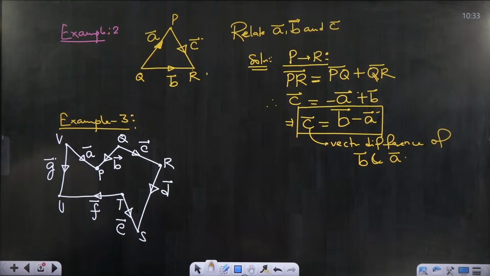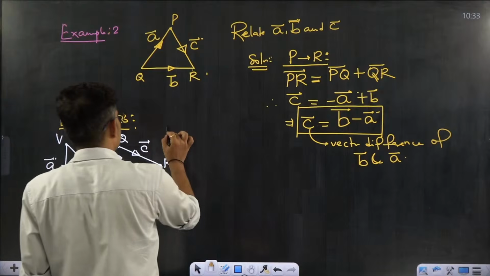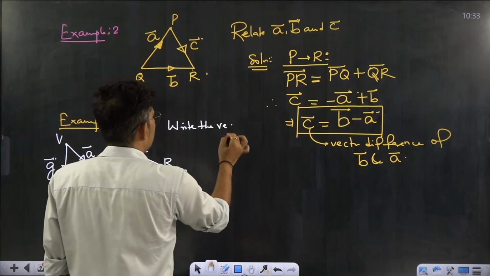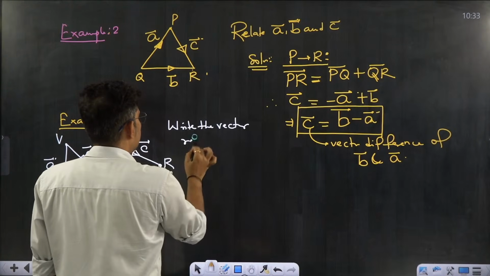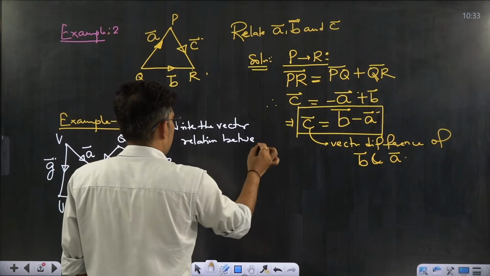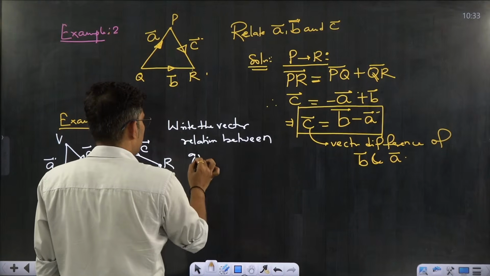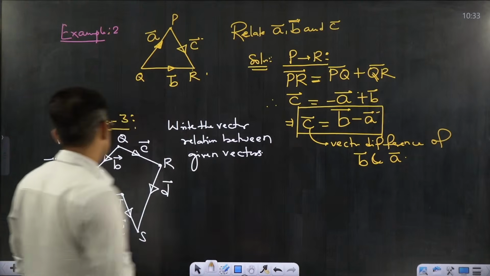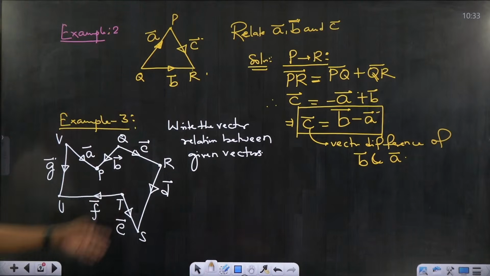We have taken different vectors over here. Write the vector relation between the given vectors. So suppose I arrange these vectors in a polygon, as you can see in the diagram.